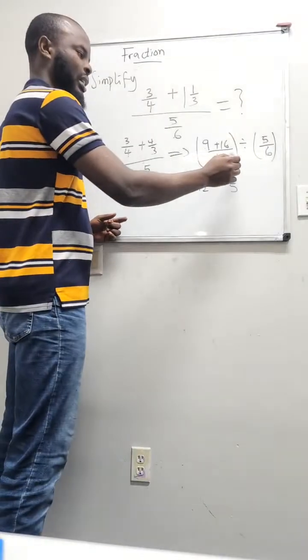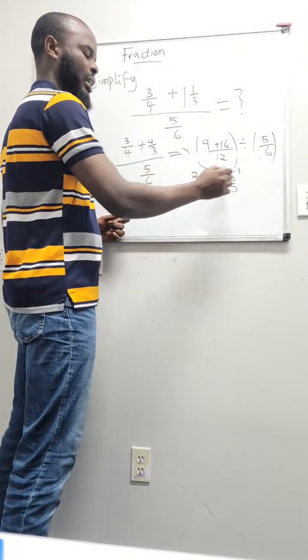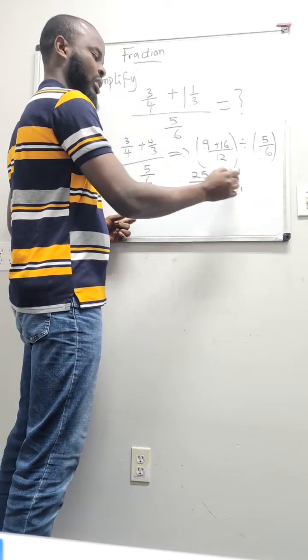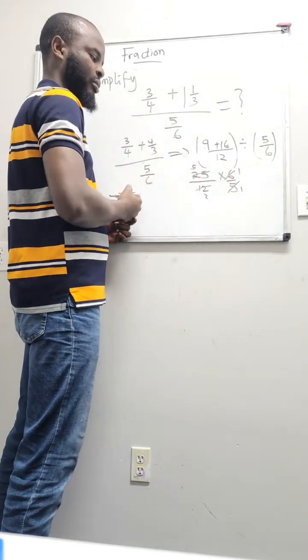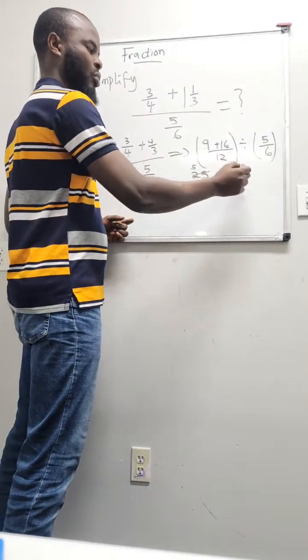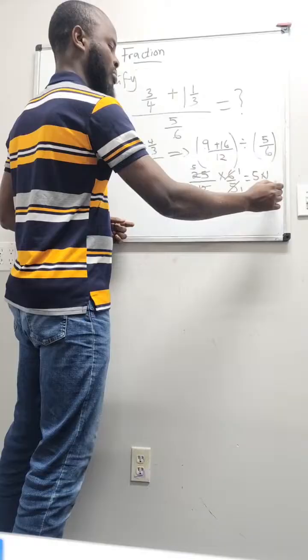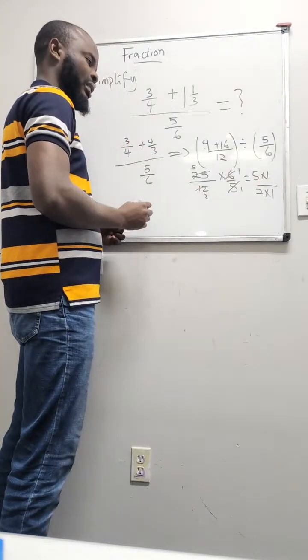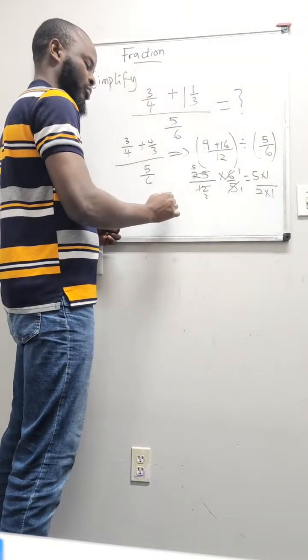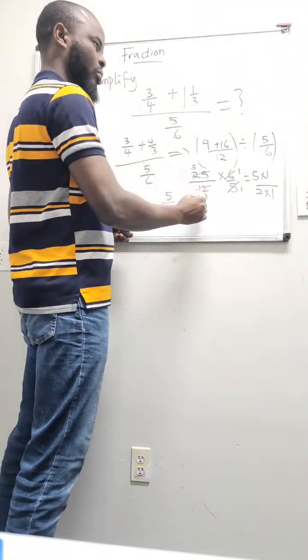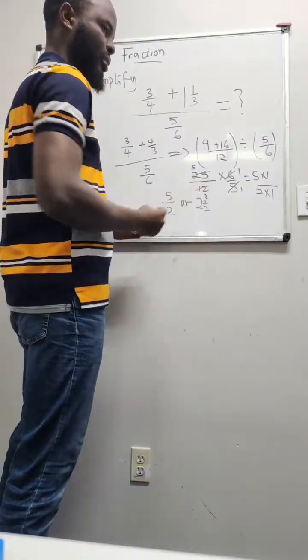Here, you can say 6 here 1, 6 here 2, 5 here 1 and 5 here 5. 5 times 1 divided by 2 times 1. Finally, our answer is 5 over 2, or you say that we have 2 whole number 1 over 2.